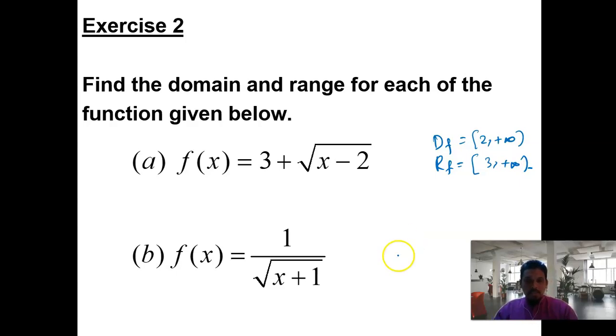And for B, it is x greater than or equal to negative 1, and the range is 0 to positive infinity.